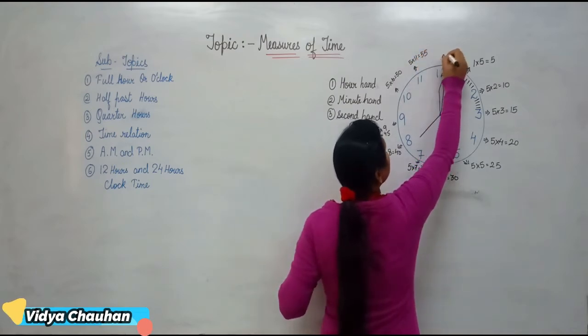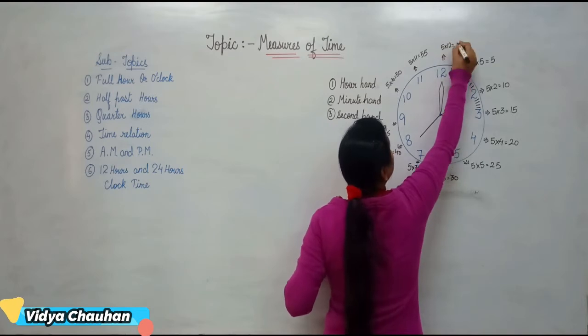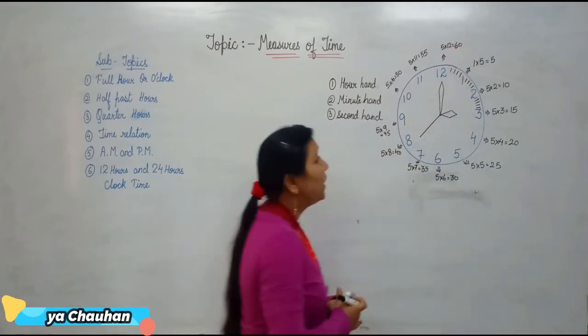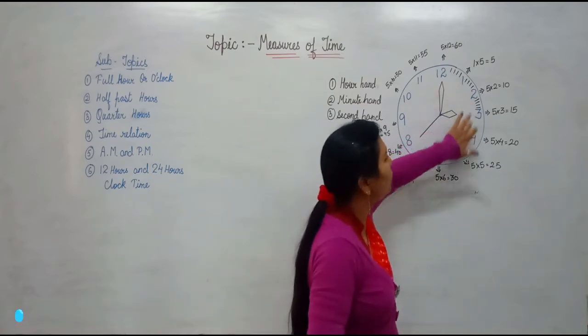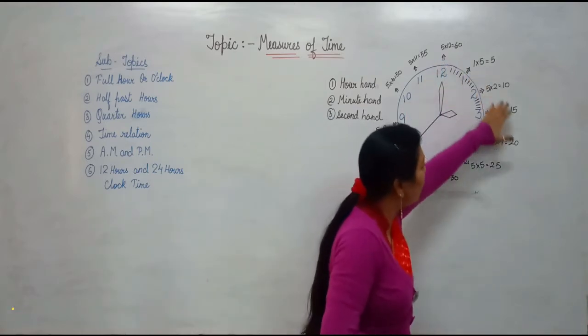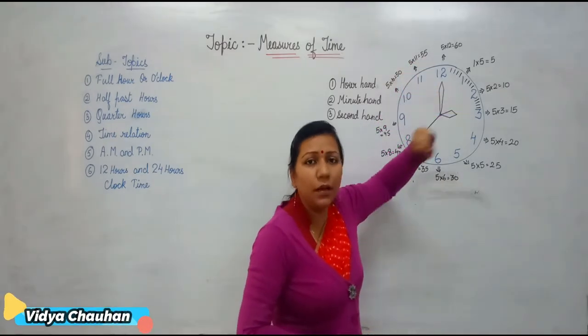And at last 5 multiplied by 12 gives you 60. Clear, students? Inside the clock the divisions are 1, 2, 3, 4 till 12, and outside the clock I have made a table of 5 by multiplying with the numbers.